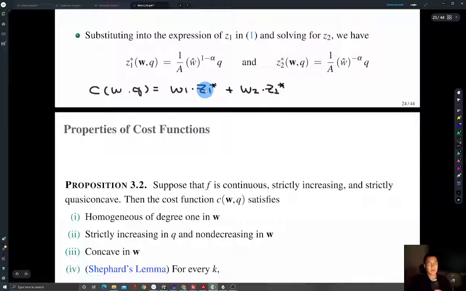Just like the conditional demand, this cost function is a function of the input price vector and the target quantity Q. You can simply check that each conditional demand is a function of the price vector and the target quantity Q.